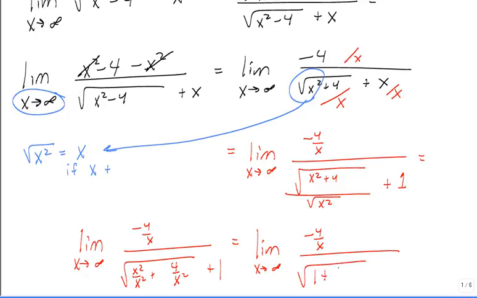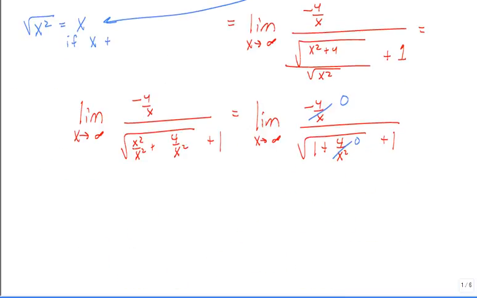Square root of 1 plus 4 over x squared plus 1. That goes to 0. That goes to 0. So the numerator is 0. The bottom is 1 plus 1. Square root of 1 is 1. So this is 0 over 2, which is 0. So the limit is 0.